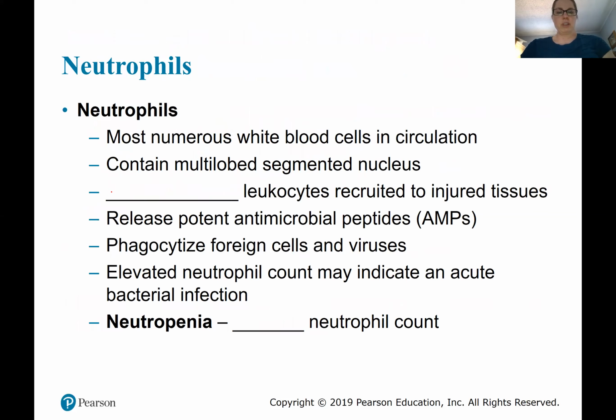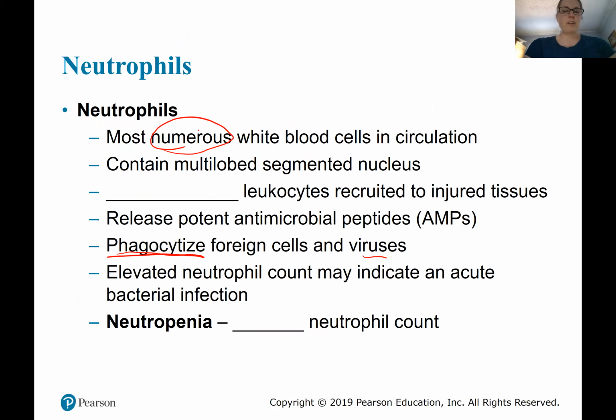Okay, so we mentioned phagocytes. Neutrophils are a type of white blood cell that can phagocytize foreign cells and viruses, grab onto them and digest them, like you saw in the video. Neutrophils are the most numerous white blood cell. If you look at all of them, most of the white blood cells you'll find are neutrophils.